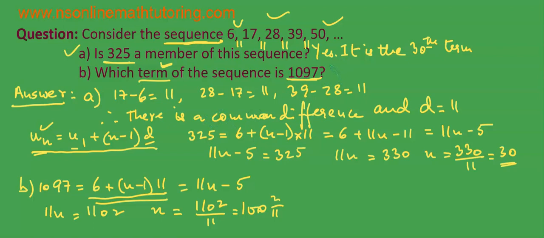So you write, 1097 is not a term of the sequence. Okay.